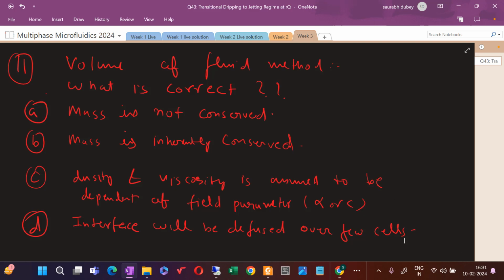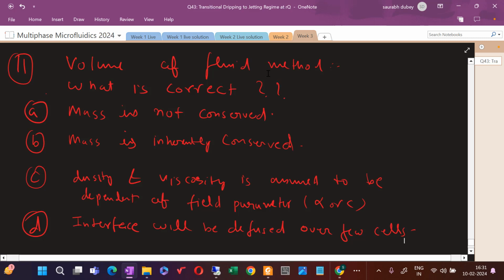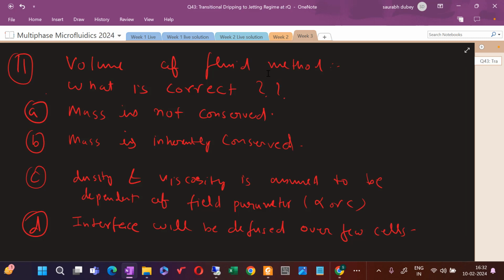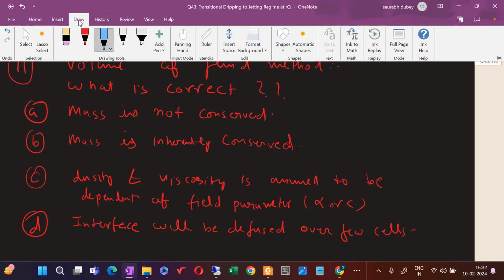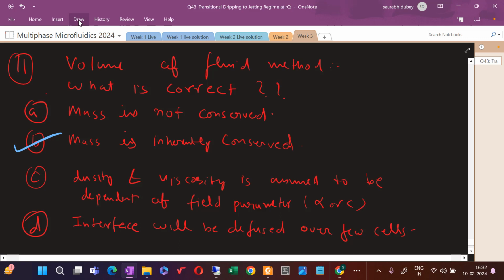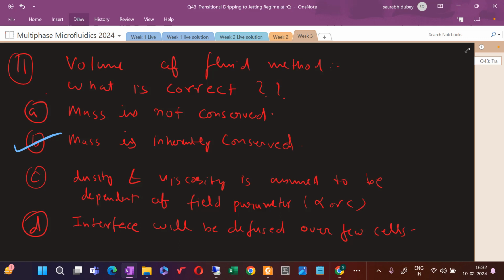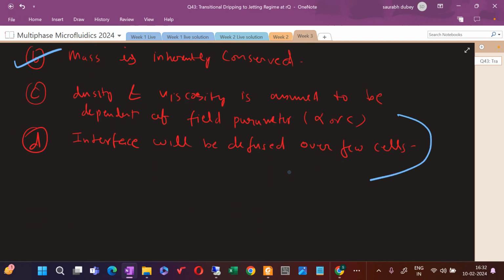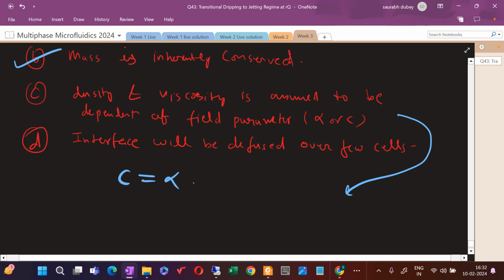And if you think about what the volume of fluid method was, if you solve this and remember the discussion in the class, you were told that there is conservation of mass, and density and viscosity have been taken to be functions of alpha, the parameter that takes care of the phase, based on the value of C being 1 or 0.